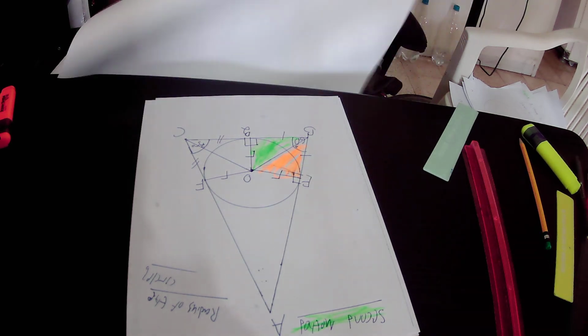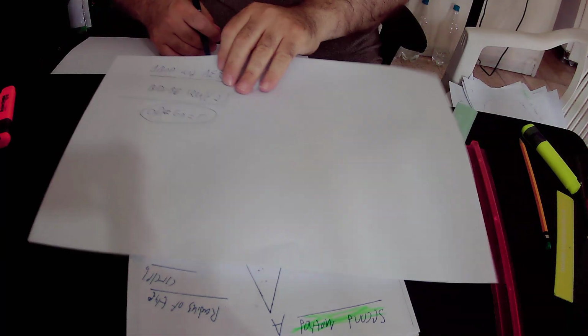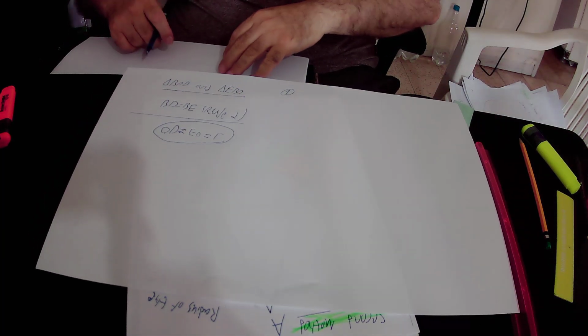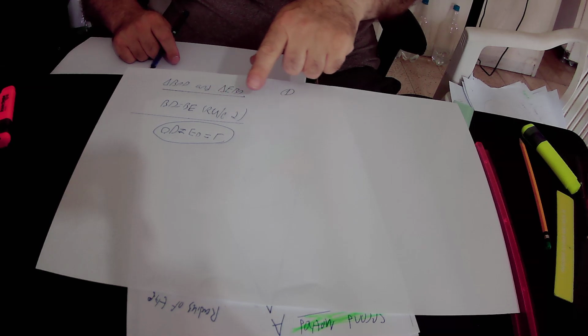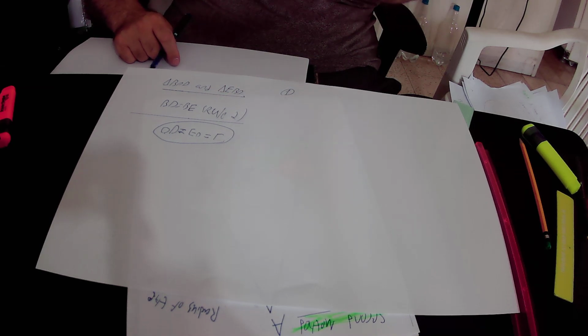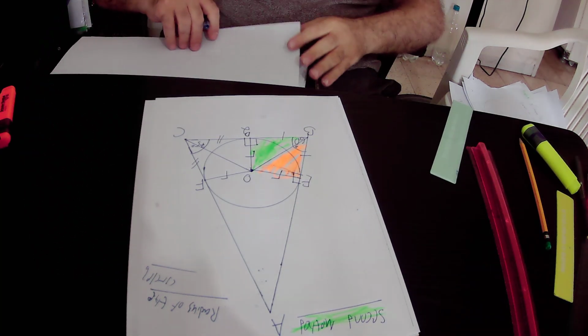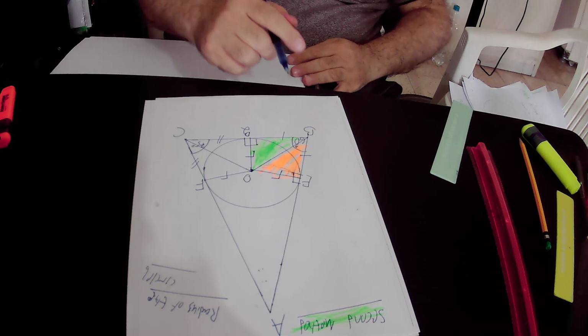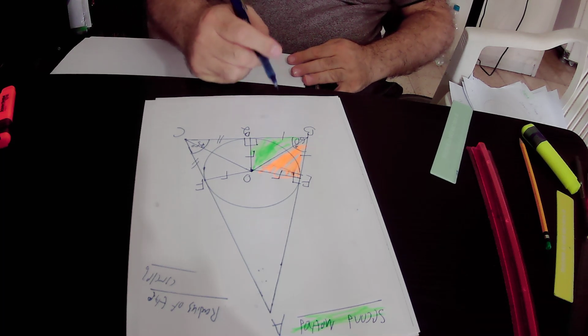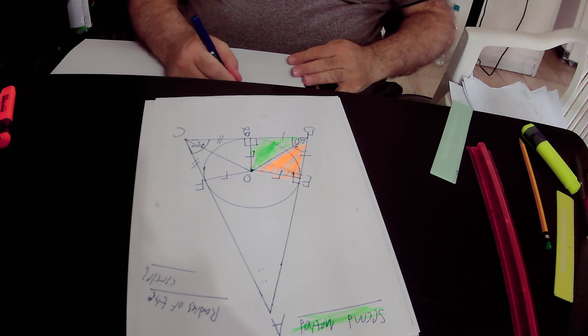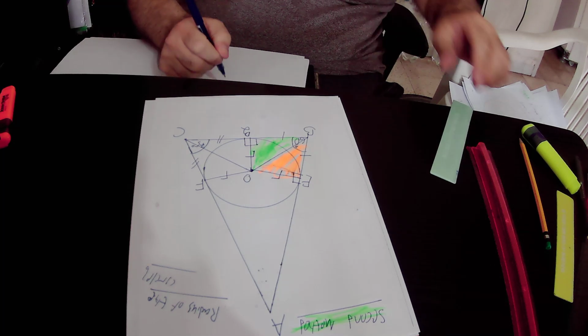OD is equal to OE because both of them are the radii of the circle. And finally, we have side BO, that is a common side that belongs to both triangles. So BO equals BO as a common side that belongs to both triangles.